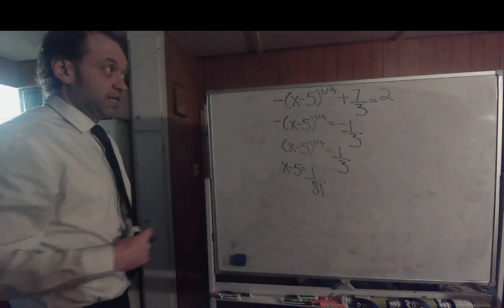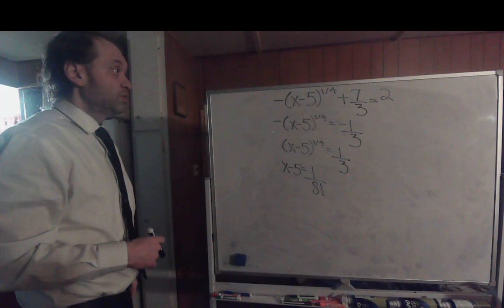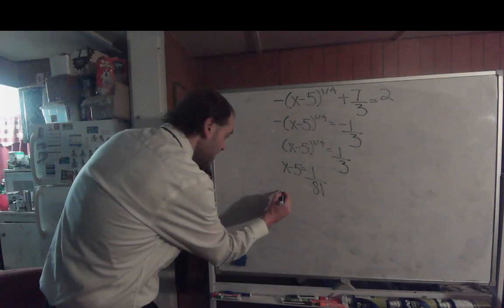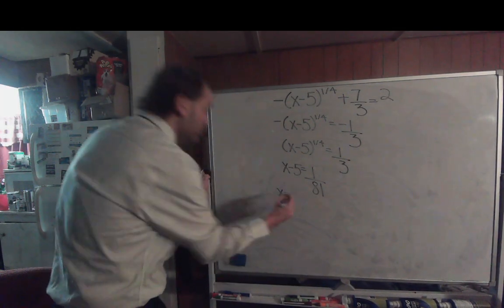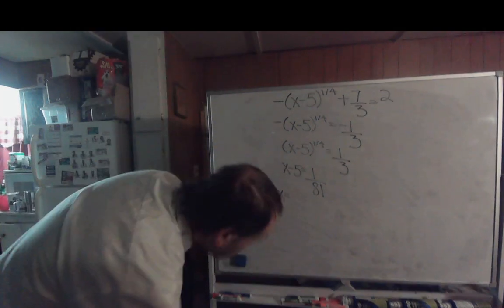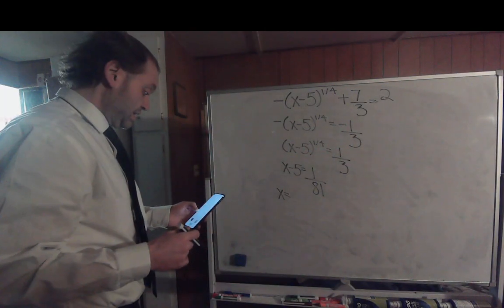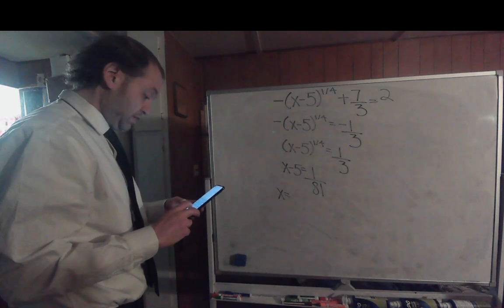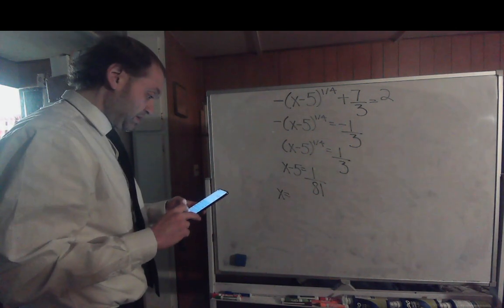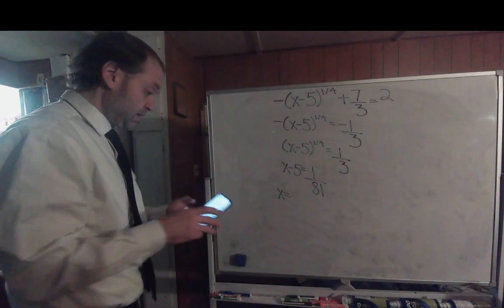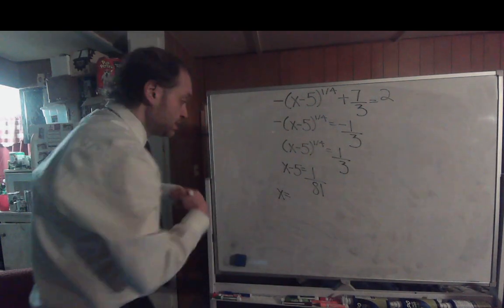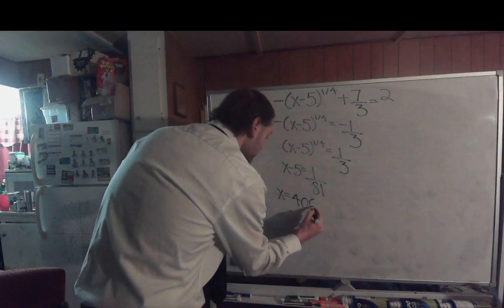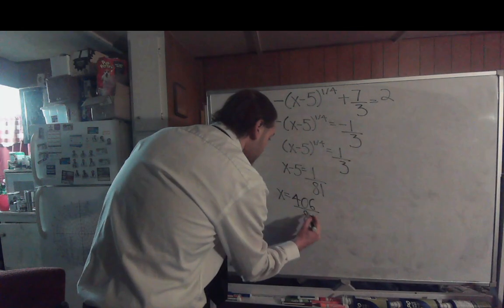So this is going to be a lot of fun. Okay, so x is going to equal, what is 5 plus 1/81? Yeah, this is going to be a doozy. So that would be equal to 406/81.